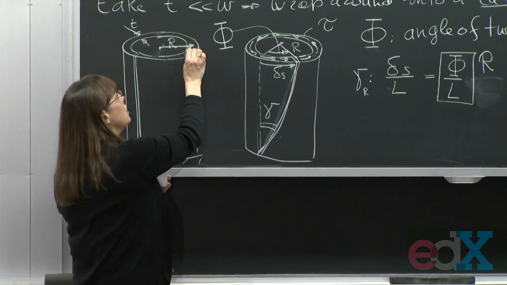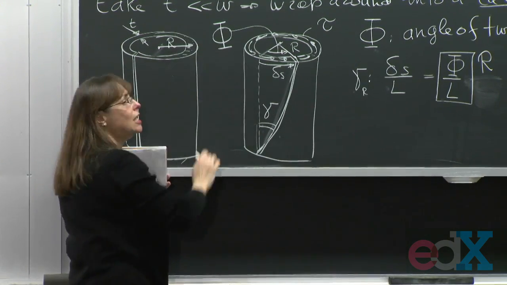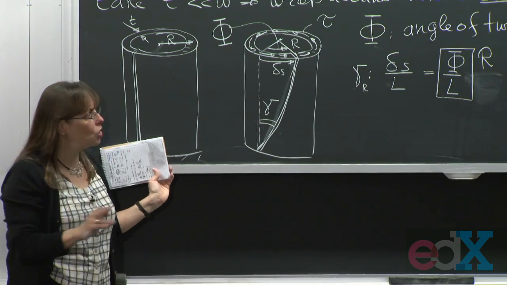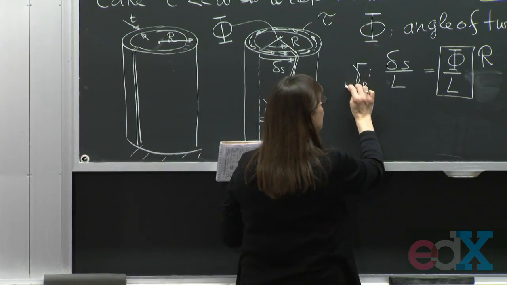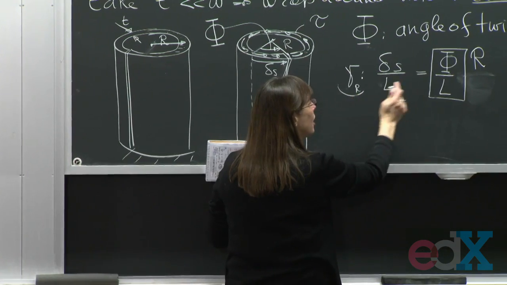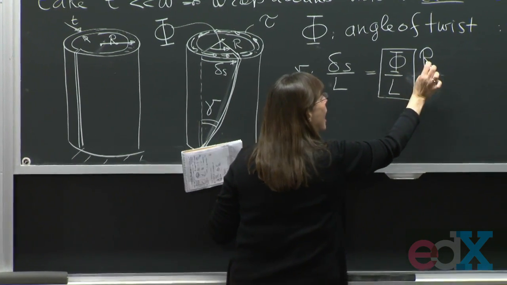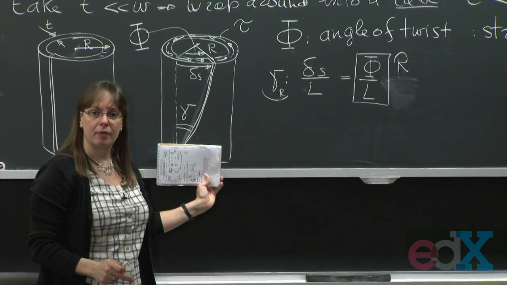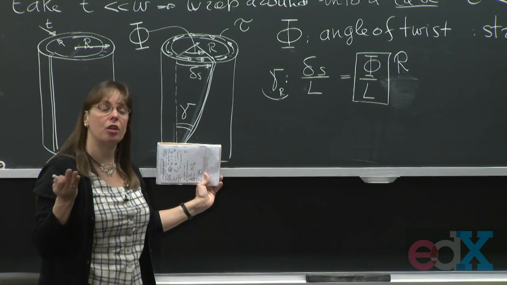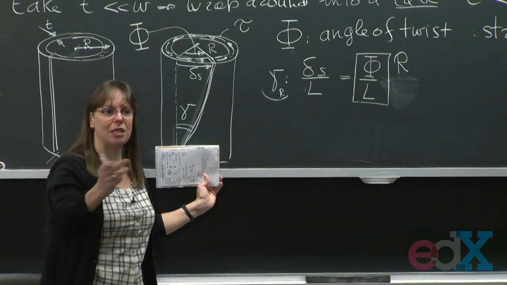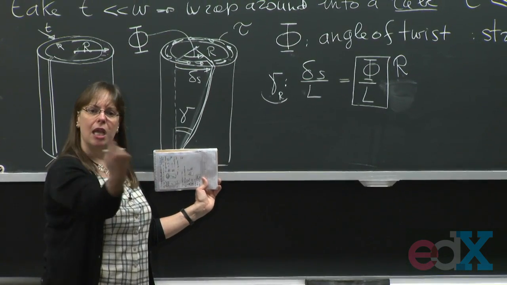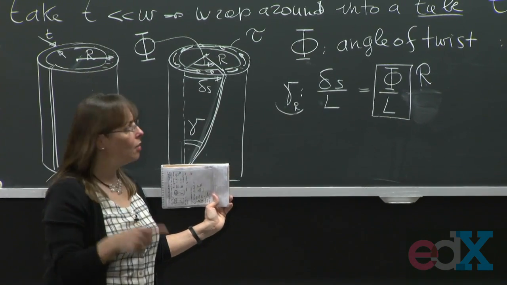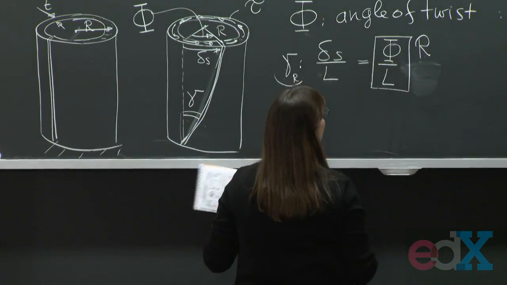So every point on this top surface is approximately at the same radius r. Okay? So notice that what I obtain in this equation is gamma at this radius r. And the r gets into the definition of gamma. You see that? We're going to use it on Thursday, when we're going to see what happens if the shaft, instead of being just a little thin ring, is solid. Okay? But for now, let's just keep this in mind.